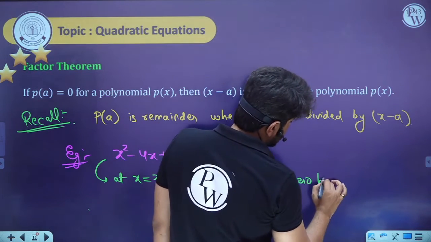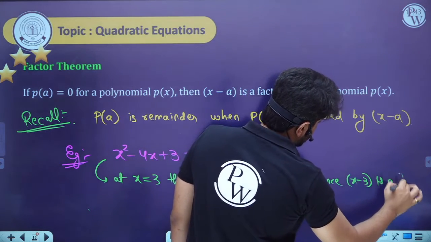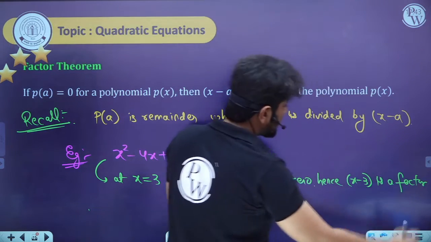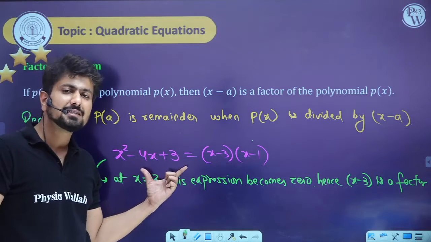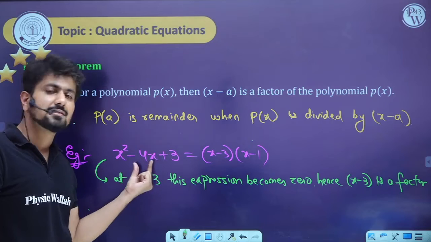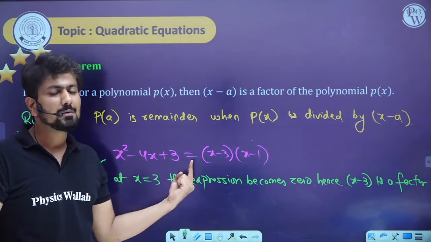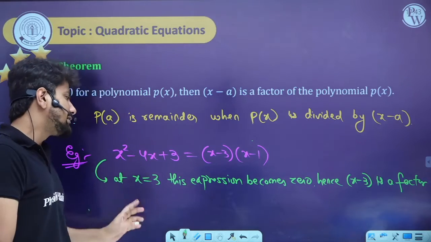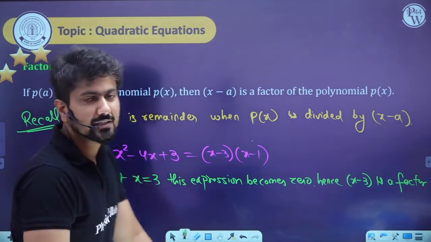Hence, x minus 3 is a factor. Very simple. Put the value for x as 3. This will become 9 minus 12 plus 3, and 9 minus 12 plus 3 is 0. So at x is equal to 3, this expression becomes 0. Hence, I can say that x minus 3 is a factor.